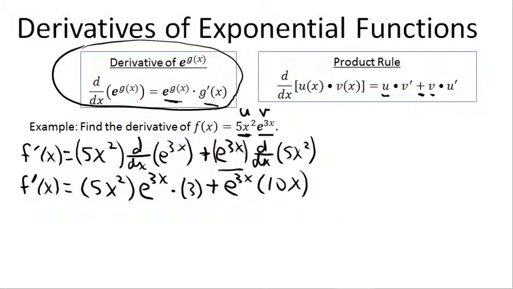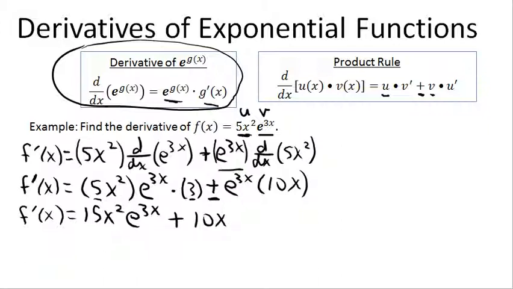So if we clean that up a little, we can take the 5 and the 3 and multiply together and get 15. And then we have the x squared and the e to the 3x. Then we have the plus, and normally we would write the 10x first, so it would be 10x e to the 3x.